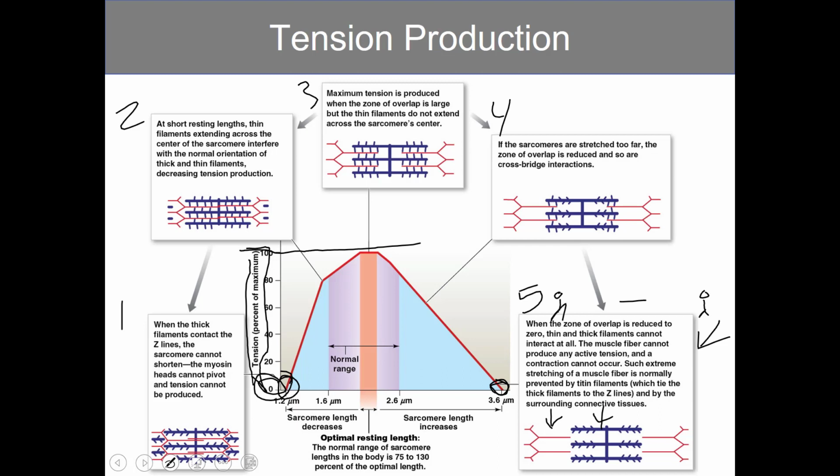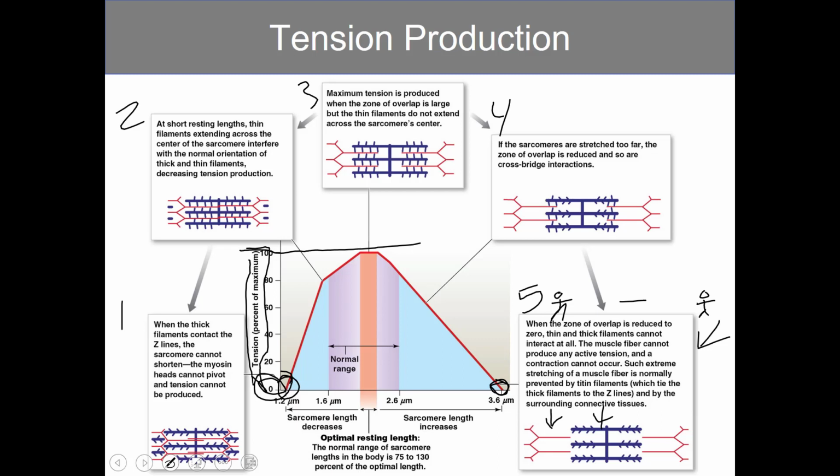They're nowhere near the rope, so they cannot produce tension. This occurs if a skeletal muscle fiber is stretched. Normally, we have mechanisms in place to prevent our muscles from being stretched to this point. But in the lab, we can stretch a muscle fiber to where there is 0 overlap, and with 0 overlap, you're going to get 0 tension.